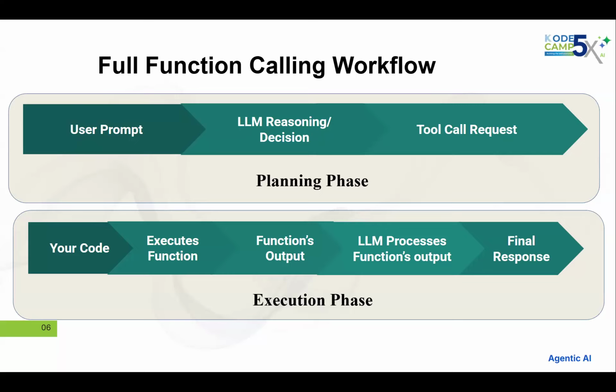Oh yes, sir. So it will place a request for the tool to be called. In the execution phase, the first level, execute function, means the tool was called, then the output of the function is passed back to the LLM. It will again reason if there's a need to call another tool.